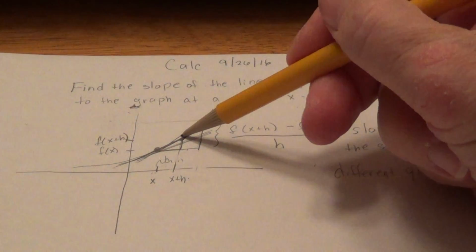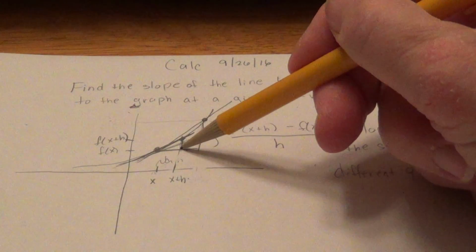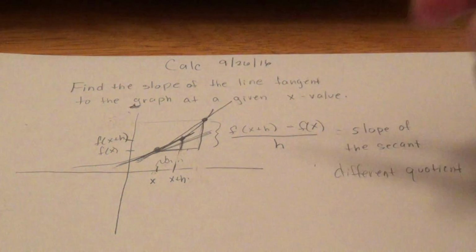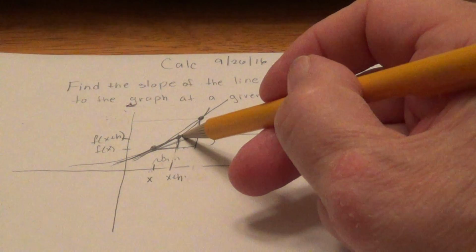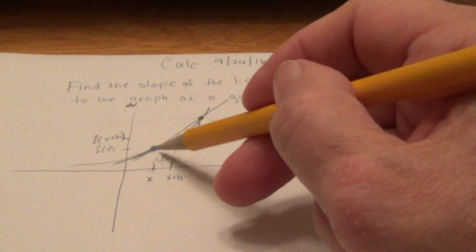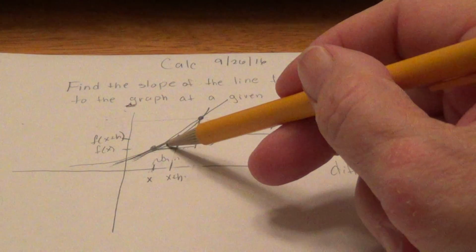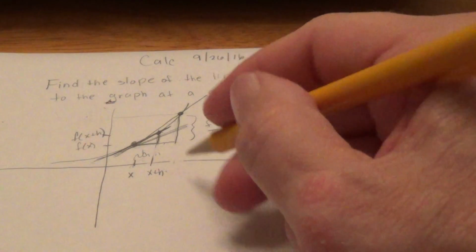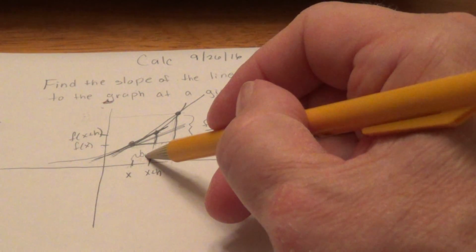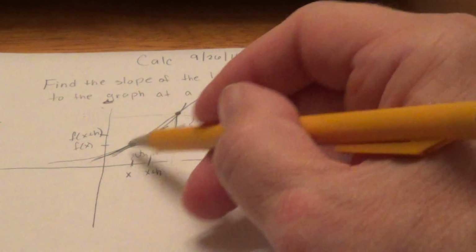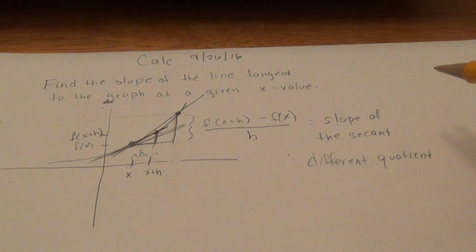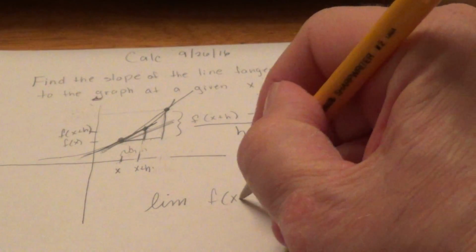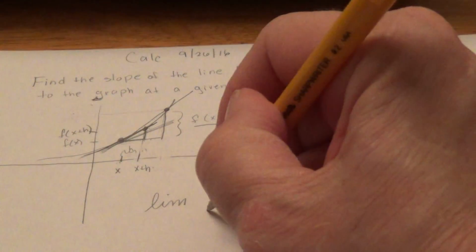As I choose a point closer and closer to the point of interest where I'm establishing my tangent, the sides shrink and shrink until, in the limit, h actually goes to 0. So when we have a secant, we can have it approach a tangent line by taking its limit. So let's take the limit of f of x plus h minus f of x divided by h.